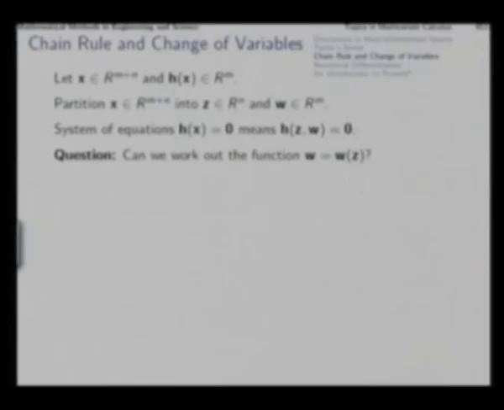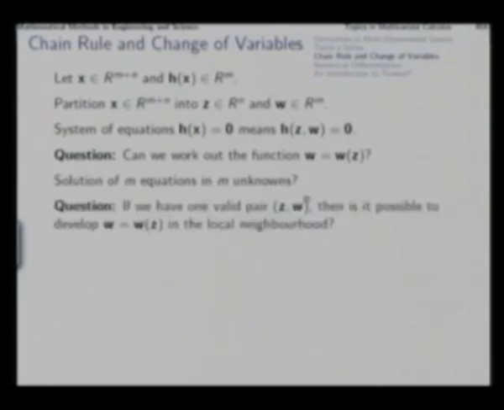But if we ask for something less, that is, if we say that we have one valid pair z and w which satisfy this requirement, then in the immediate neighborhood, can we form a first order approximation? This is possible under a certain condition.